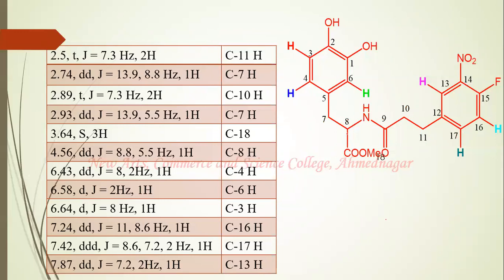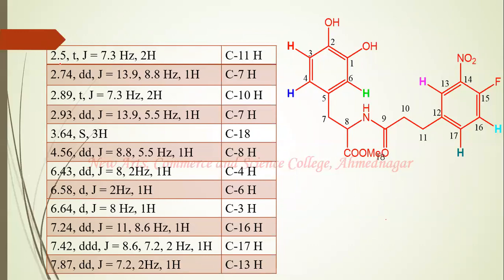So we have to assign the signals to these protons. First of all, 2.5 triplet, J is equal to 7.3 Hertz for 2 protons. 2 protons means methylene group. 2.5 chemical shift value tells me that it's a proton present on an sp3 hybrid carbon atom. So I will look into the molecule for methylene groups. So 10, 11 and 7 are methylene groups.